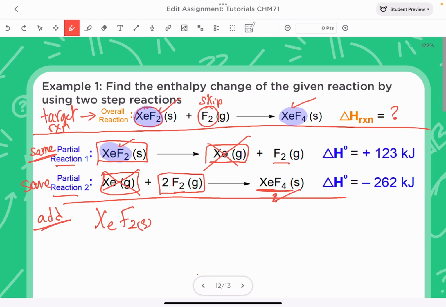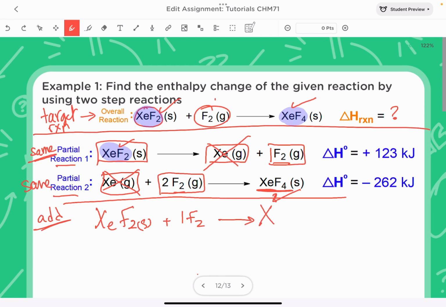Whereas 2F2 and 1F2 cancel out, but they're not equal quantities. On one side, I have 2 in the reactant and I have 1 in the product, so they subtract, with 1 F2 remaining. You see? The F2, I need 1. So it got sorted out automatically.